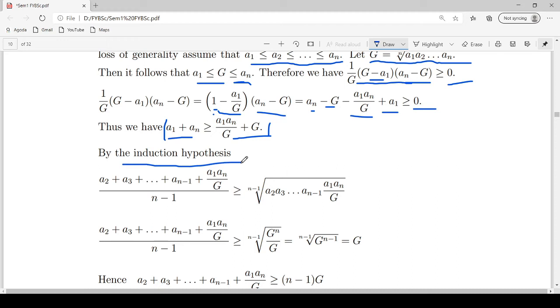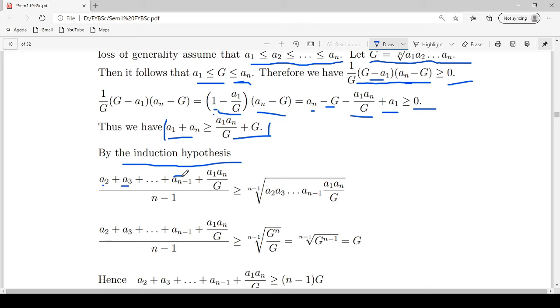By induction hypothesis, we know that the statement is true for any n-1 positive real numbers. Now the crux of this proof lies in choosing those n-1 positive real numbers wisely. So here I am choosing those n-1 positive real numbers as a2, a3 up to an-1.